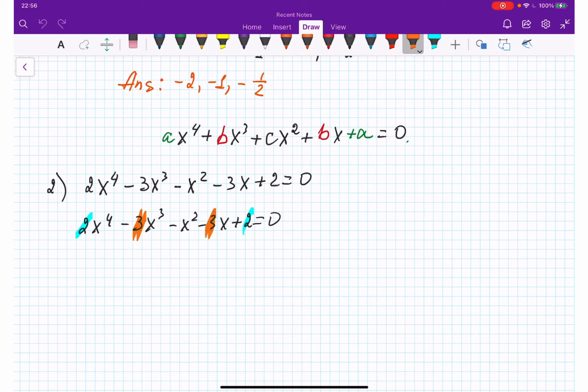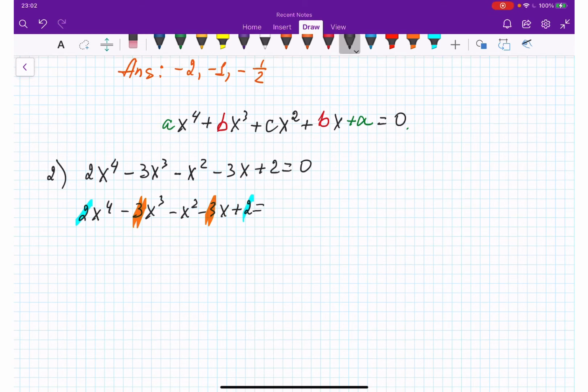Okay? All right, so I'm going to take this 0 away right now, because I'm going to go through simplification. And this is what we're going to do. When we solve an equation like this, we need to reduce degree 4 to degree 2. How can I reduce degree 4 to degree 2? How are we going to do that? We are going to divide every single term by x squared.